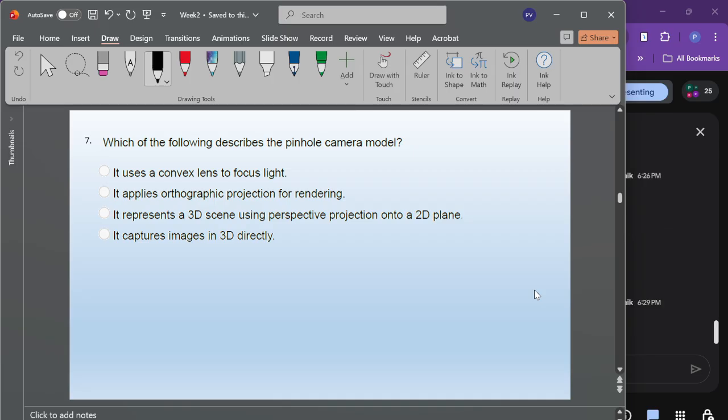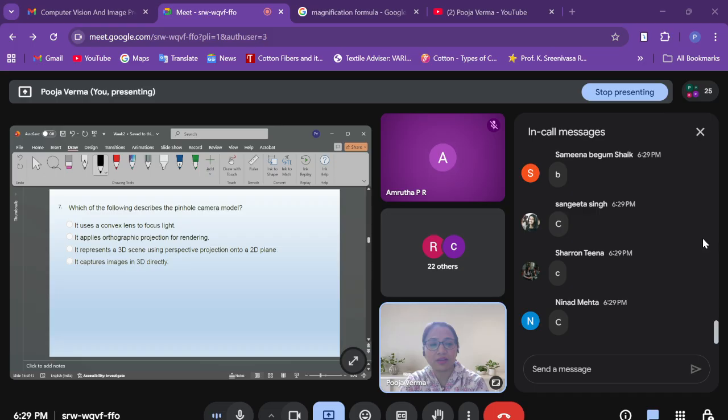Option B, it applies orthographic projection for rendering. Option C, it represents a 3D scene using perspective projection onto a 2D plane. Or option D, it captures images in 3D directly. Already answers are coming. So yeah, option C.